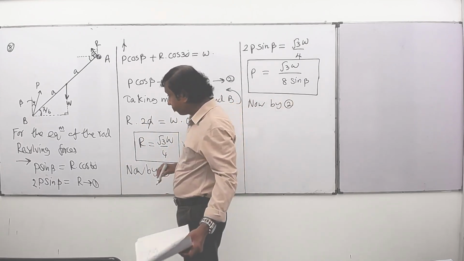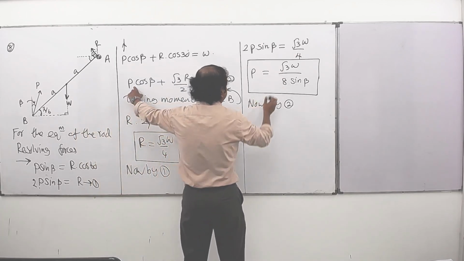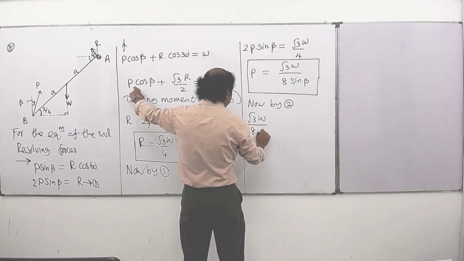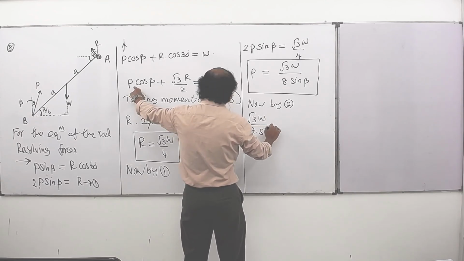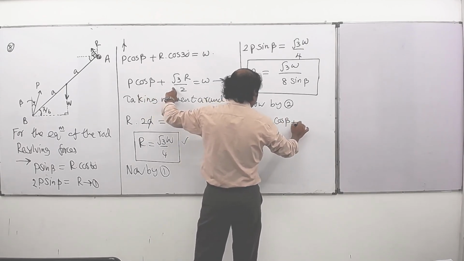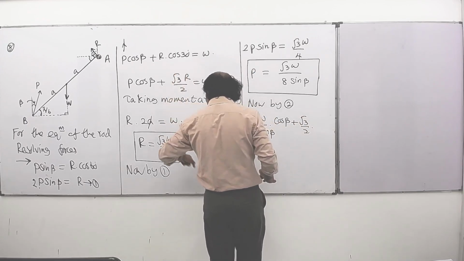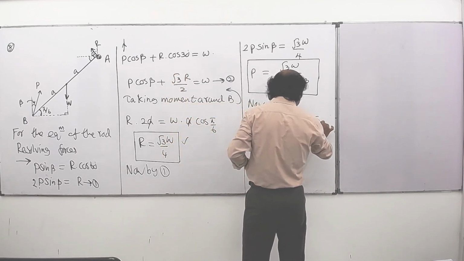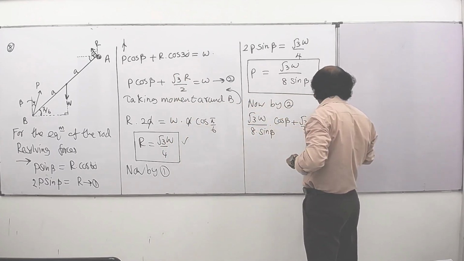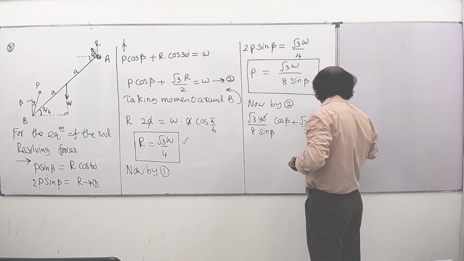Now by 2, P is root 3 W by 8 sine beta, and here we have cos beta, plus root 3 by 2 times root 3 W by 4 equals W. W you can cancel down. You get 1.